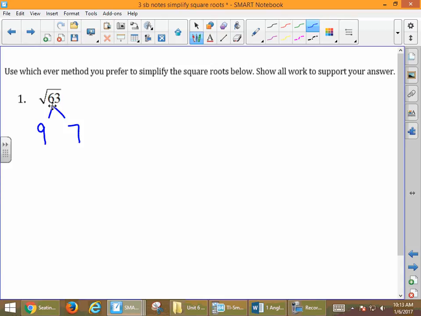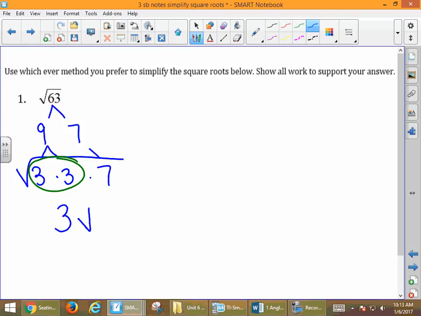We just have to have two values that multiply to be this. 9 is 3 times 3. And when we're simplifying the square root, what we need is two of the same value to take out 1. We have 2 3s. We can take out 1. And we're left with a single 7 underneath the radical.